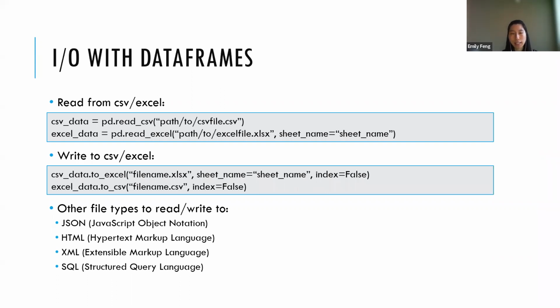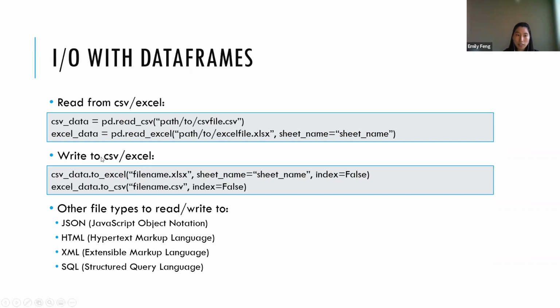If you have your CSV file in the same folder as your Python code, then you can just give it the file name. But if it's somewhere else, then you would have to provide the path to it. Similarly for reading Excel, but in addition you can provide a sheet name so that it knows which sheet to read in case you have multiple sheets.